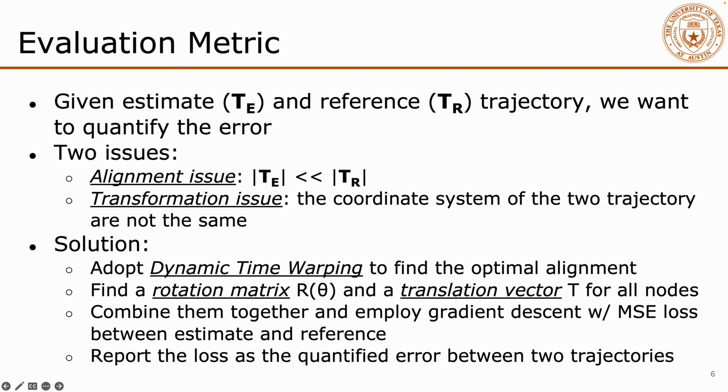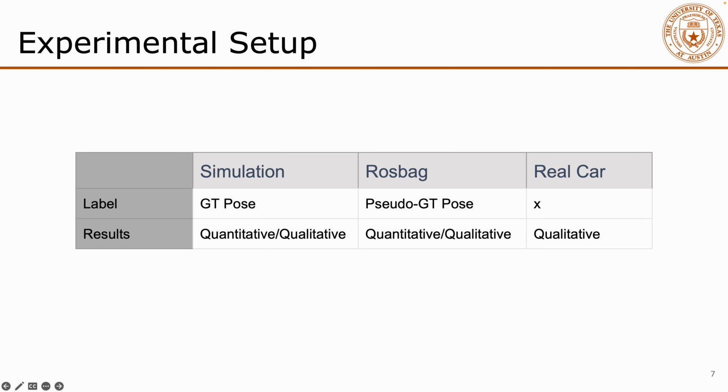Okay, so in our experiments, we have three settings. The first is simulation, and then rollback, and then real car. In the real car setting, because we don't have the ground truth pose, we can only do qualitative analysis. And for simulation and rollback, because we have access to ground truth, we can do both.